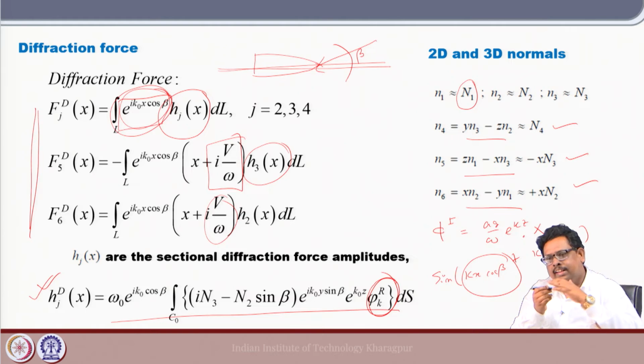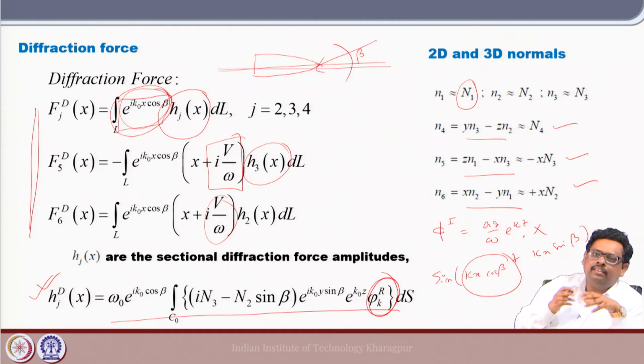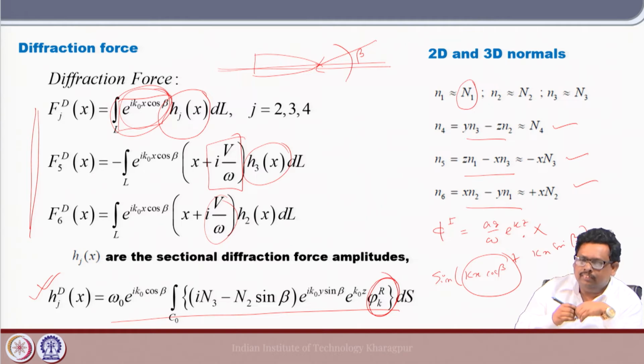Instead of the wave hitting, if you consider a picture where the wave is still and the body is pushing the wave, then we can say that could be some kind of radiation component. This is a very simplified physical understanding of this equation, and a lot of mathematics is involved here, but we do not discuss that.